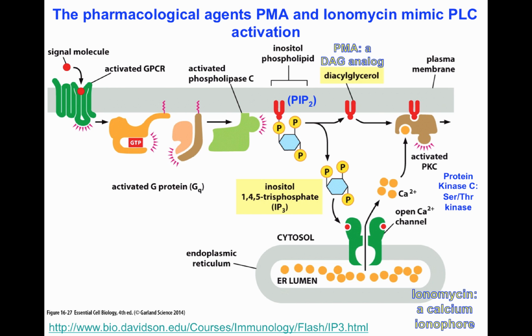We sort of studied another ionophore before, the DNP, and that one is able to make the membrane permeable to protons. Similarly, ionomycin is able to make the membrane permeable to calcium ions. So both the effect of PMA and ionomycin can be used to synthetically activate a cell, therefore activating the cascade of protein kinase C.